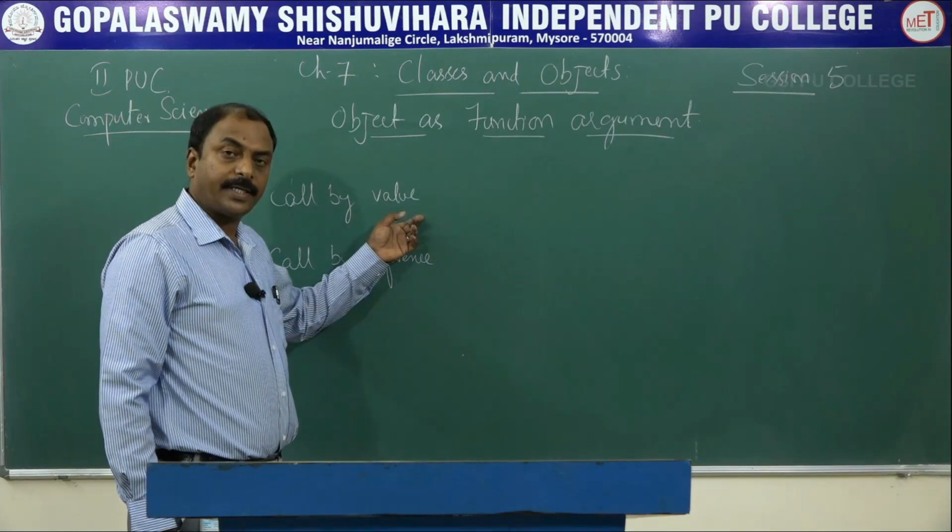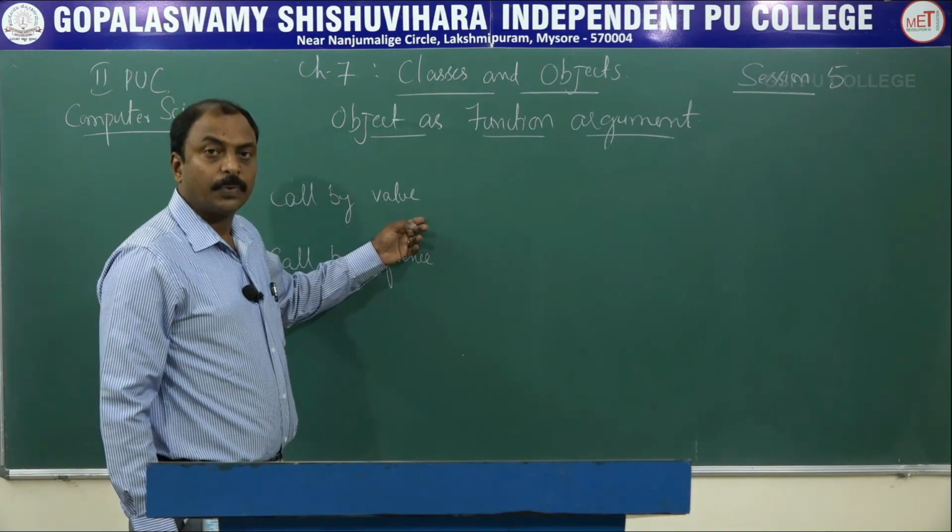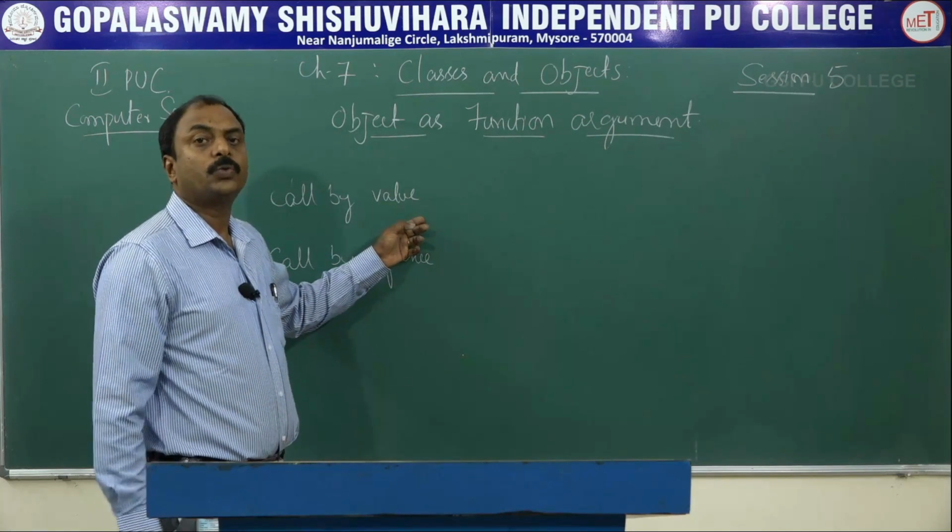I want you to recollect what you have learned last year about the call by value method. We explained it with a program of interchanging the values of two variables.